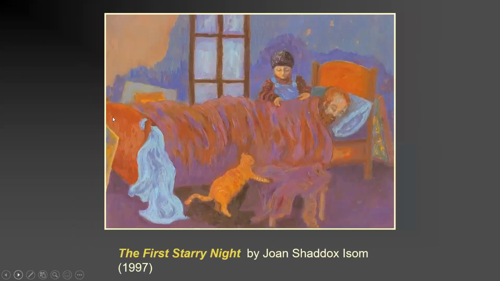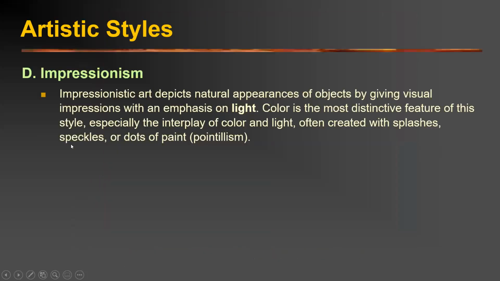Next, Impressionism. Impressionistic art depicts natural appearances of objects by giving visual impression with an emphasis on light. Color is more distinctive feature of this style, especially the interplay of color and light, often created with splashes, speckles, and dots of prints.